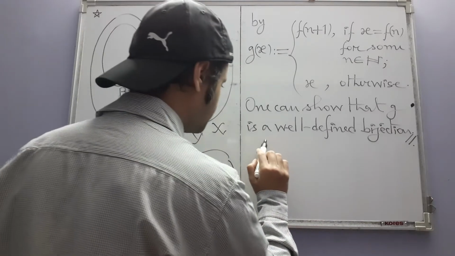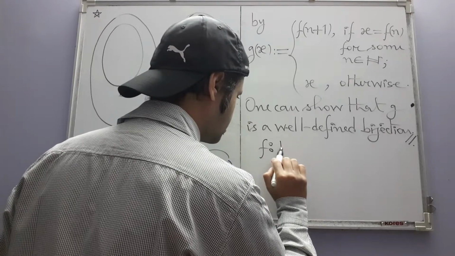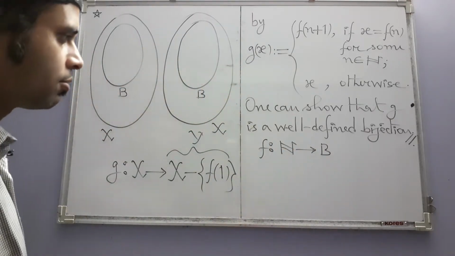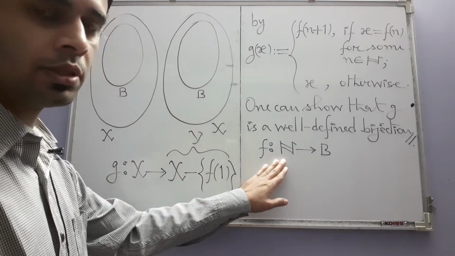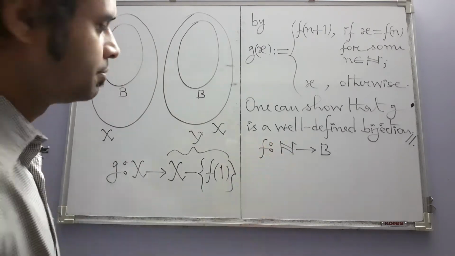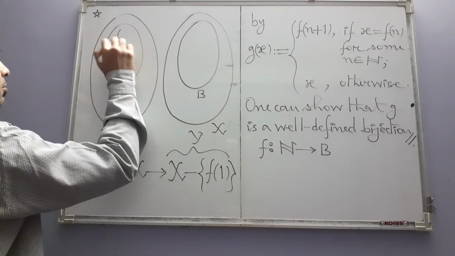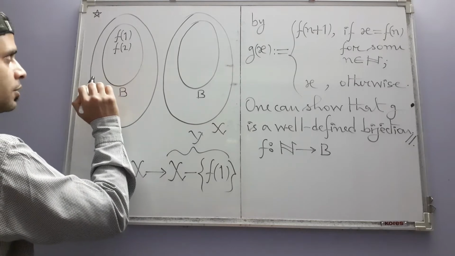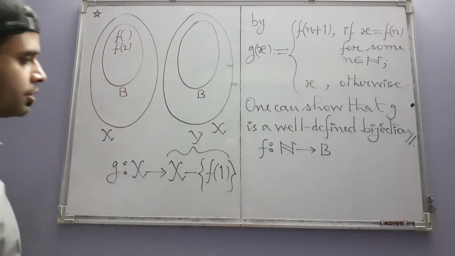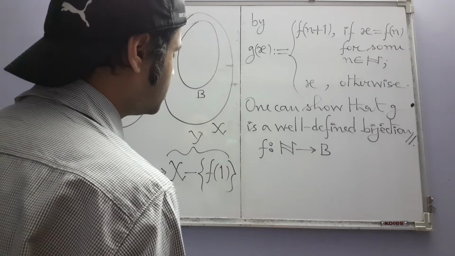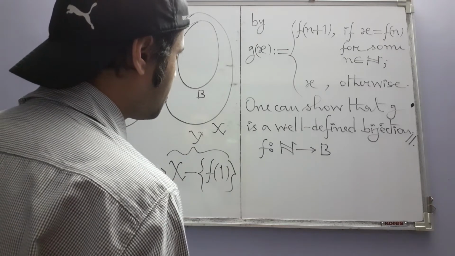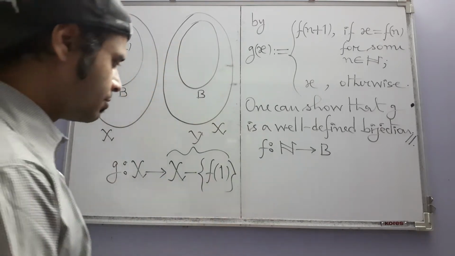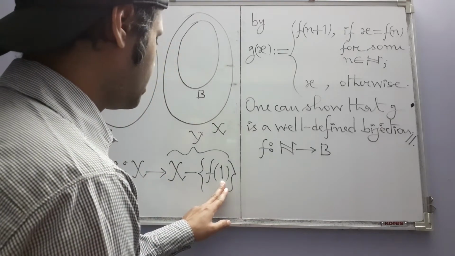Now because we originally had this bijection f from N to B, all the elements of B, due to the presence of this bijection, can be listed. That is, we have f of 1, f of 2, well okay, f of 0 would come first, no? Oh, so then I may need to change this a little bit.